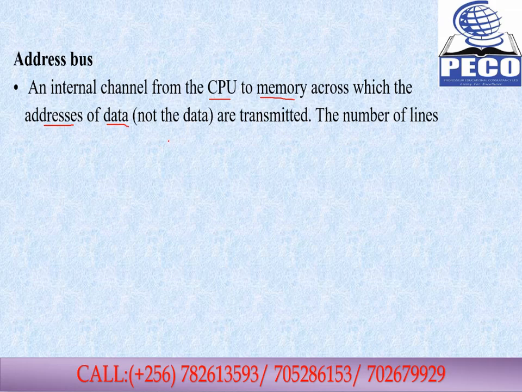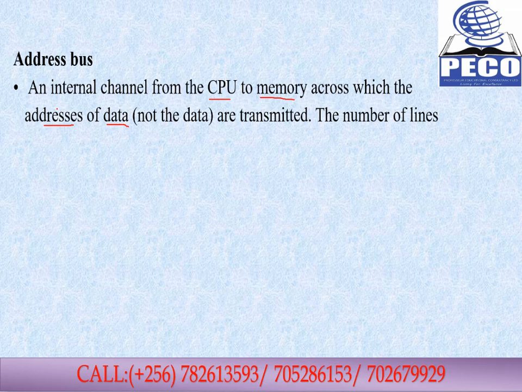So even these data items within the memory don't just go at random and occupy anyhow. No, they will occupy particular locations, and these locations have numbers, and the numbers we are talking about are the addresses. Now, because of that, when you are to access any data item, you access it using its address.